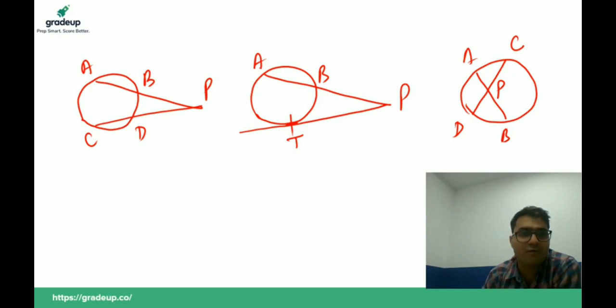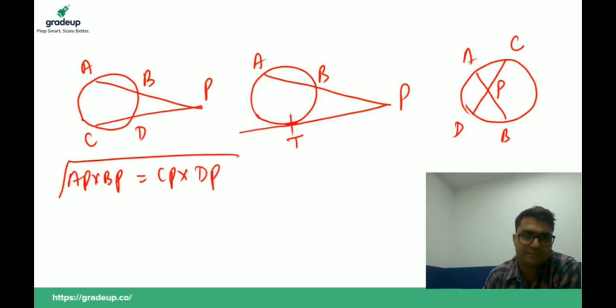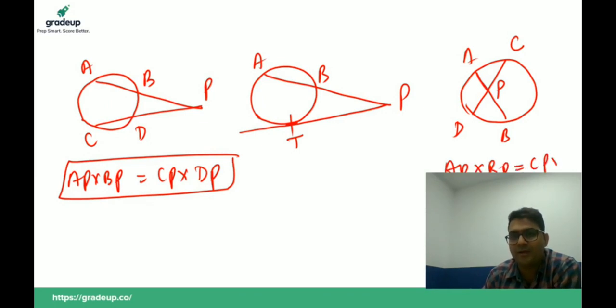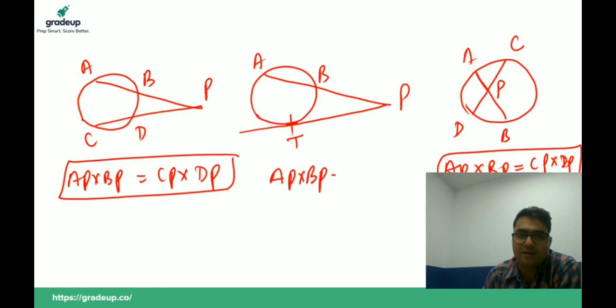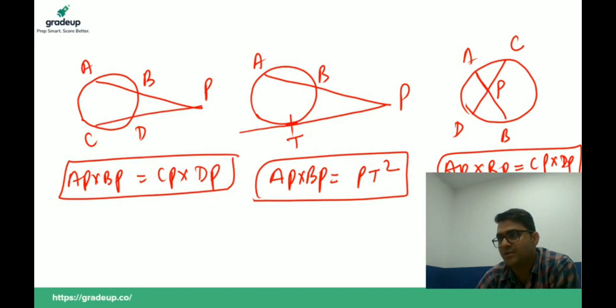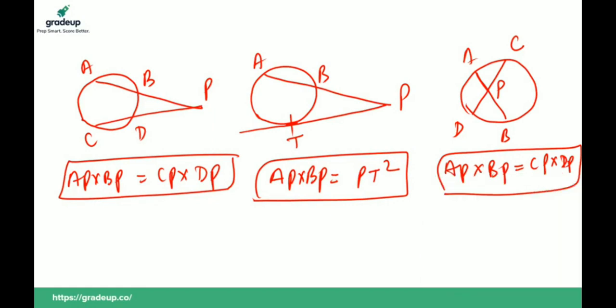From this property, AP into BP must be equal to CP into DP. And from this, AP into BP is equal to CP into DP. And from this, AP into BP is equal to PT square. So these three properties are very important. You have to learn these three properties. One question can be asked in your examination.